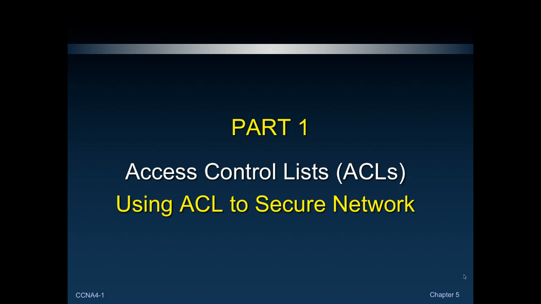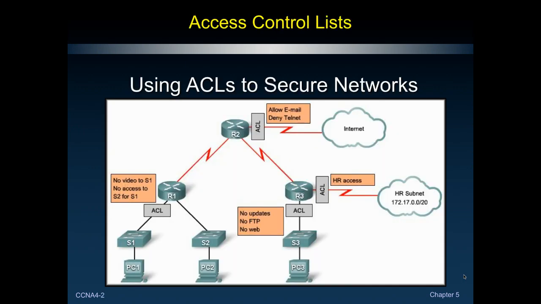to your network, right? So as shown in the diagram here, we have three routing devices, which is R1, R2, and also R3. So now we can see that each of the routers has their own ACL statement.